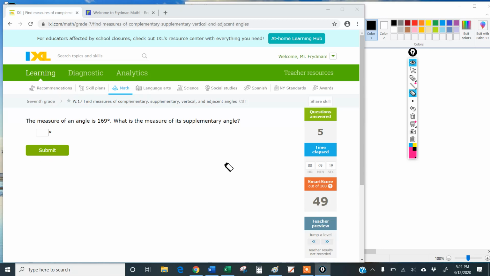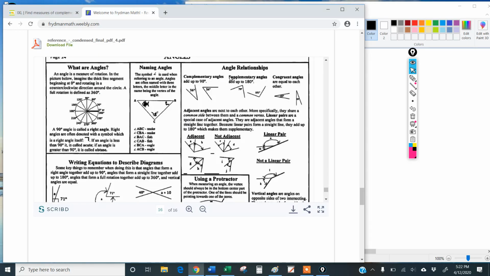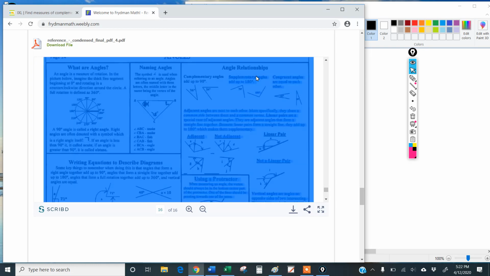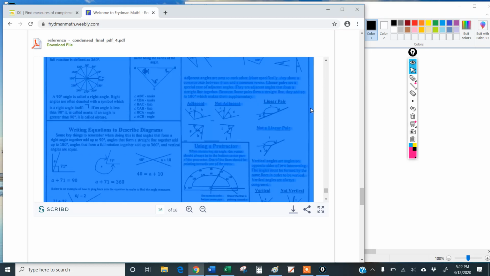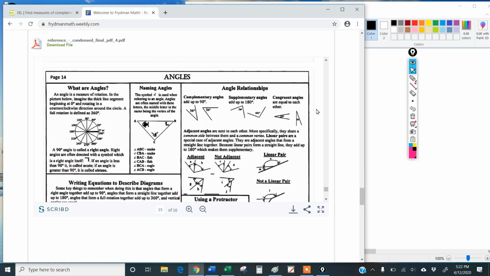All right, the measure of an angle is 169 degrees. What is the measure of its supplementary angle? Remember, supplementary angles by definition are angles that add up to 180 degrees.